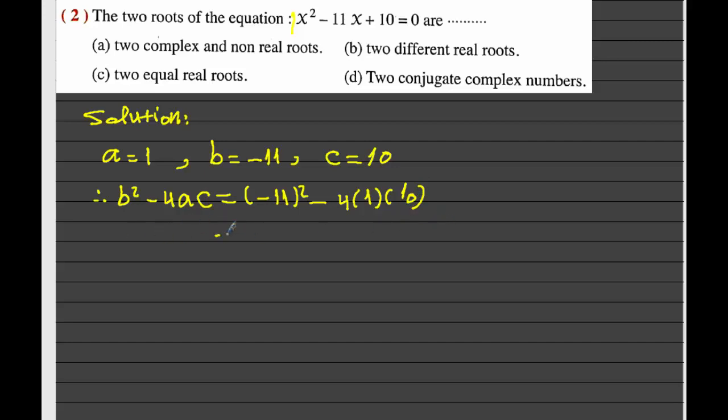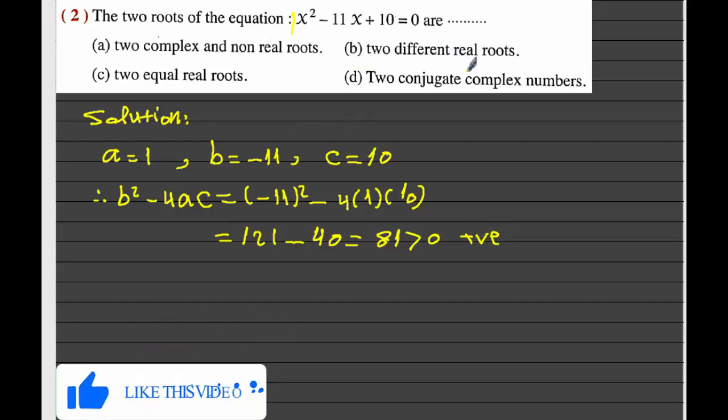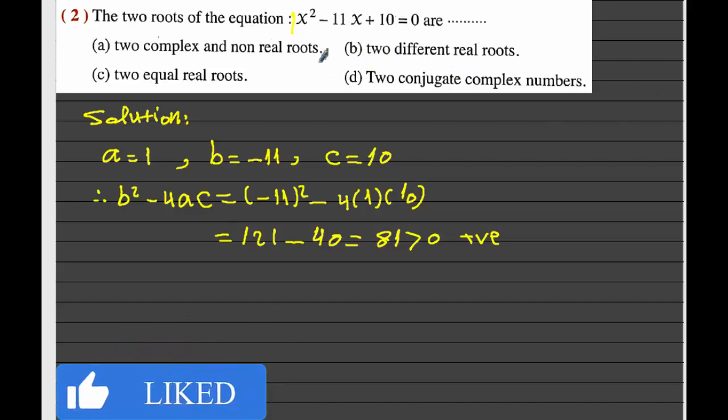And it is equal 121 minus 4 multiply 1 multiply 10, it is 40, which equals 81. So the discriminant is greater than 0, it is positive. So the equation has two different real roots, and we will choose letter B.